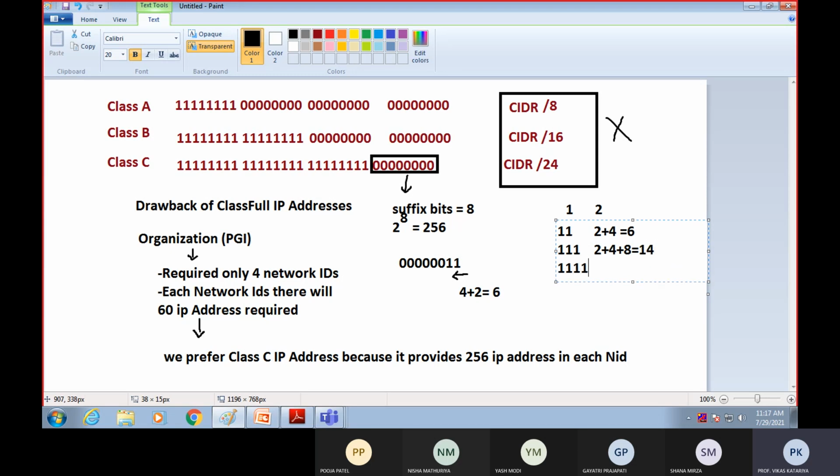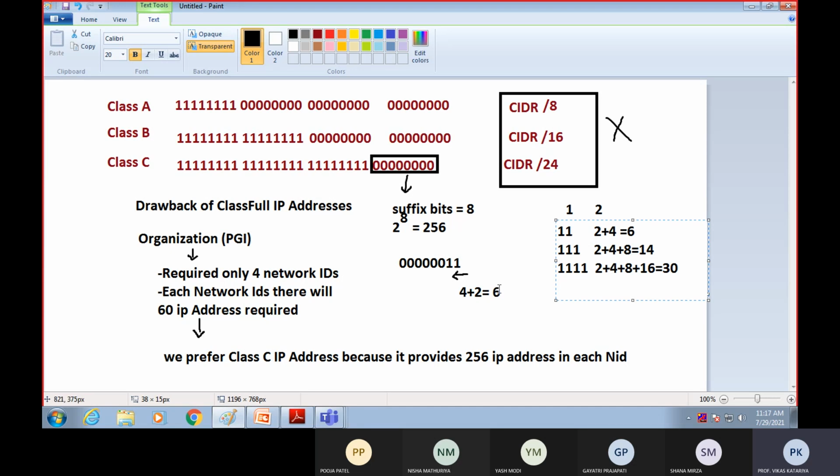Similarly, if we set 4 bits, it gives us 2 plus 4 plus 8 plus 2 raised to the power 4, that is 16. 16 plus 14 is 30. It gives us 30 IP addresses.